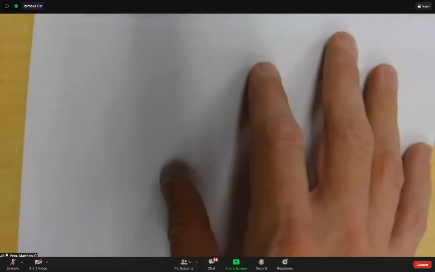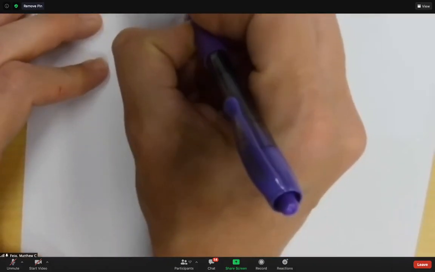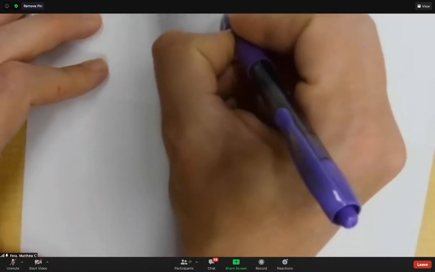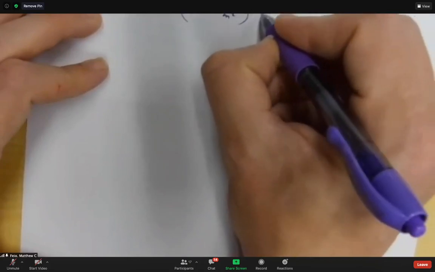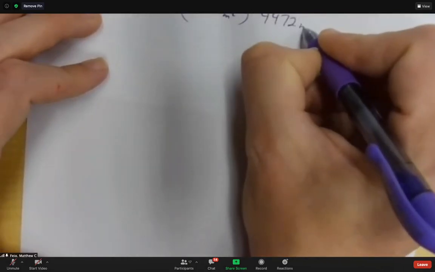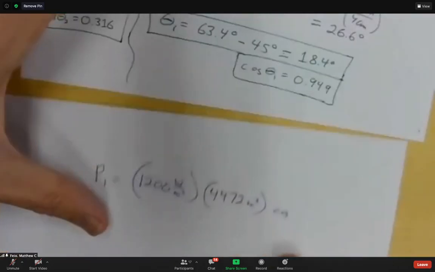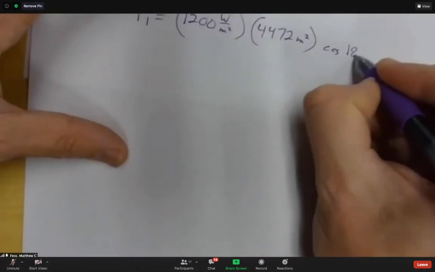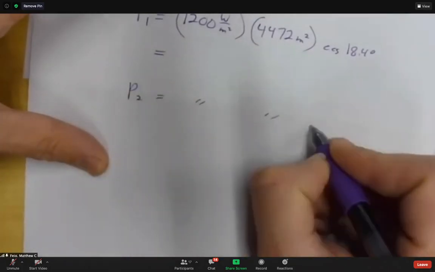So power 1 is the intensity, 1200 watts per meter squared, that's like B, and then the area, 4,472 meters squared times the cosine of 18.4. And power 2 is the same, with the cosine of 71.6.